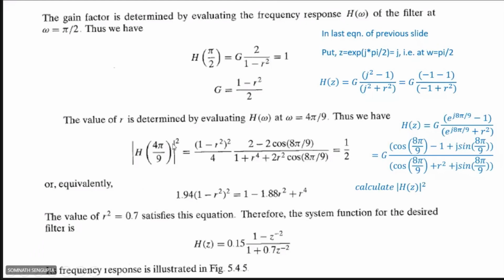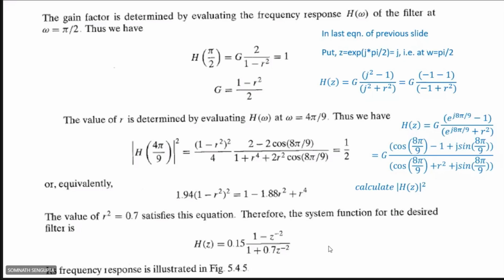So finally you will get this expression, that is equal to half. This is not calculated and shown here, but you should do it yourself to clarify it. Finally you will get the value of r square, and if you put all those values of g and r, you will get this transfer function of H(z). That is a band pass filter transfer function.